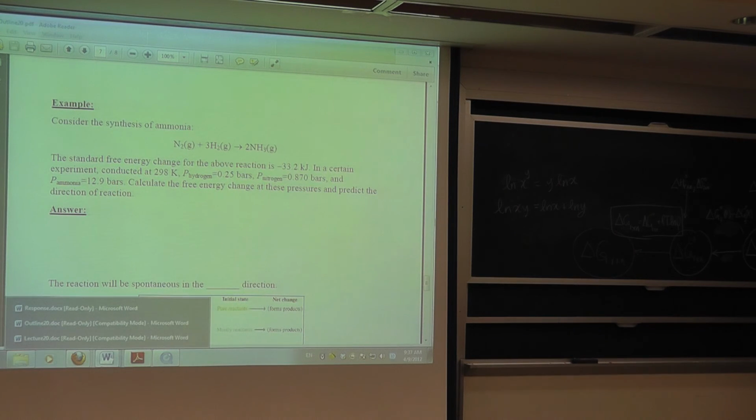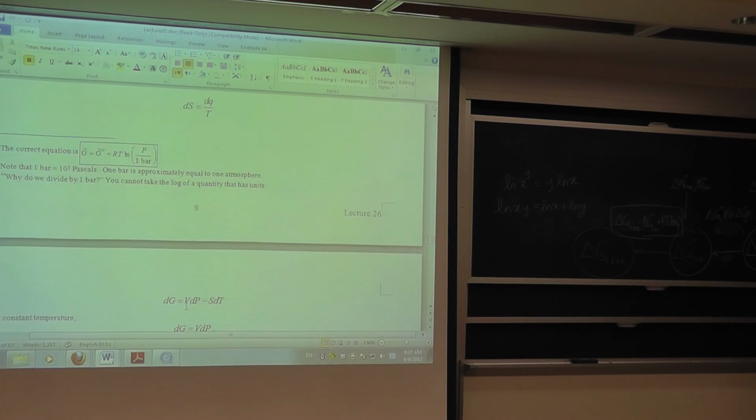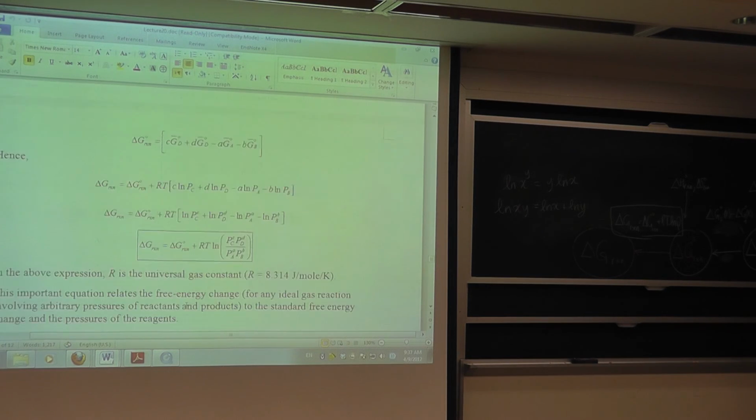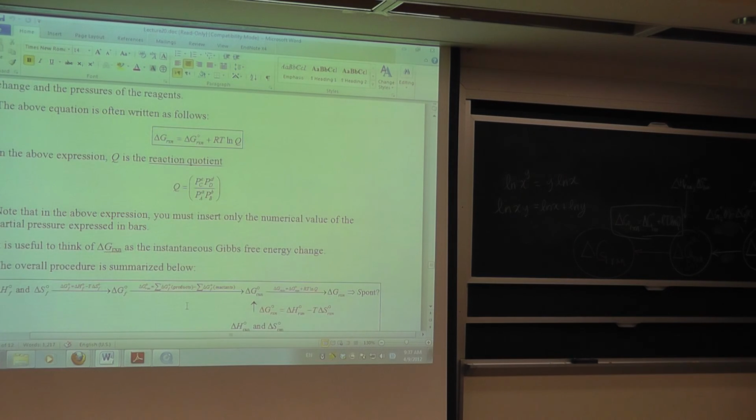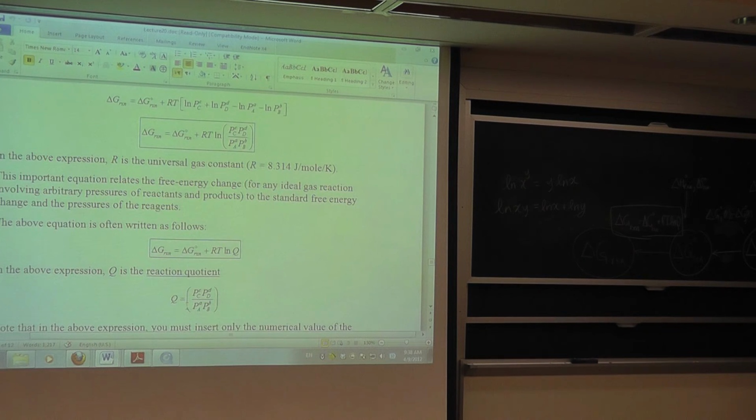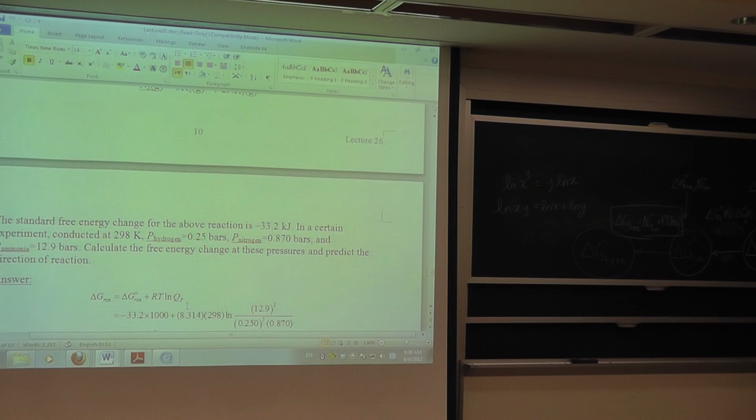So what does the equation look like? Okay, here it is.